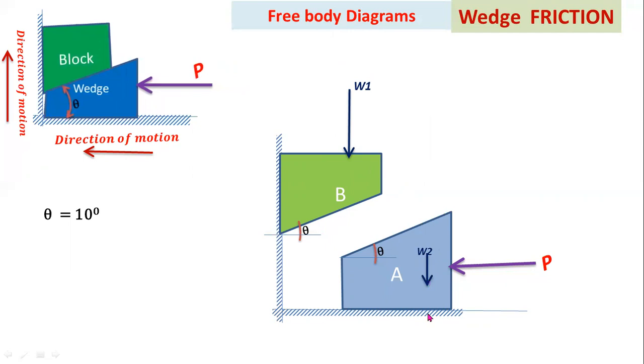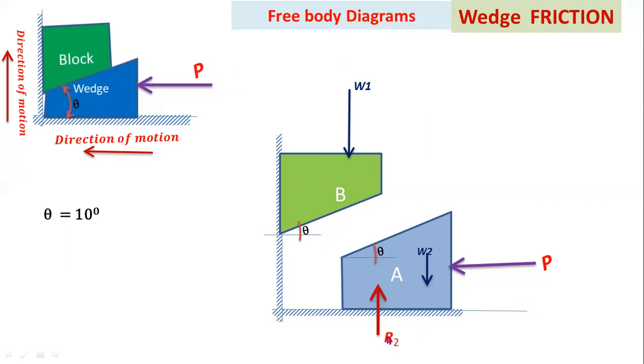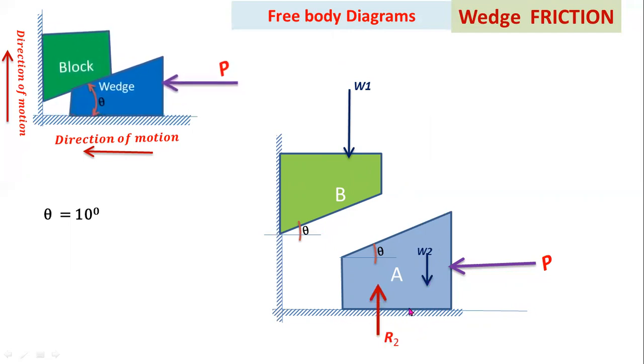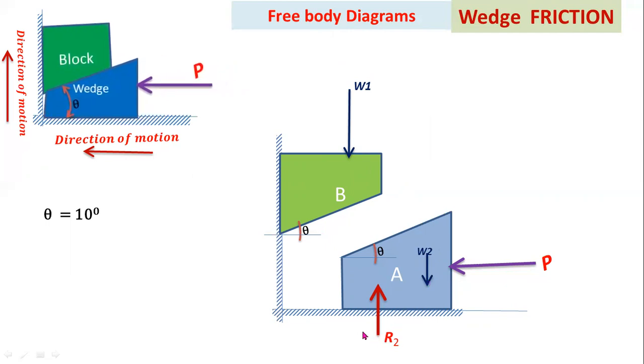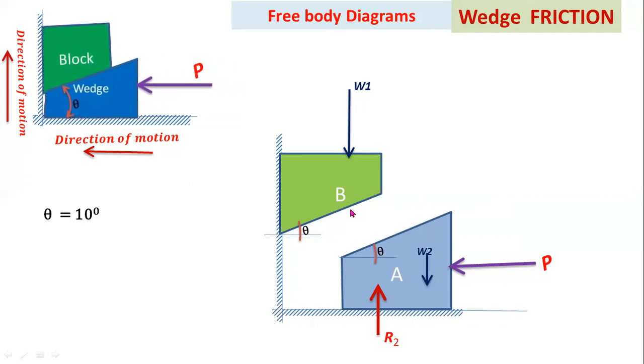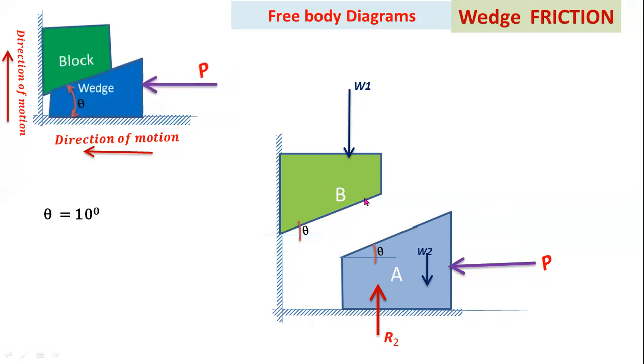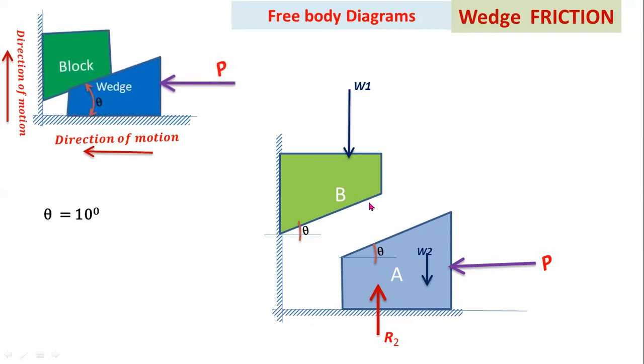After that you have to consider the reaction force between this horizontal floor and this wedge. R2 is the reaction force between the floor and wedge. This reaction force makes an angle of 90 degrees with respect to this horizontal floor. In a similar way, here there are two contact surfaces, so you have to consider two equal and opposite reaction forces between these two moving surfaces.